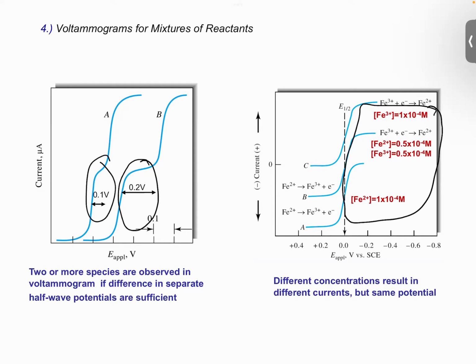You can see that the half wave potential is the same, meaning that you have the same species, but due to concentration, you have a different intensity of current. This one is the highest and this one is the lowest. So it's a very good technique if you know how to use it.